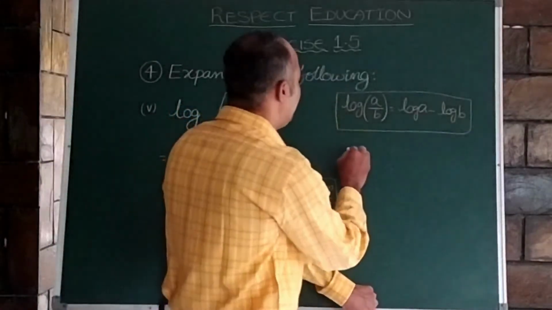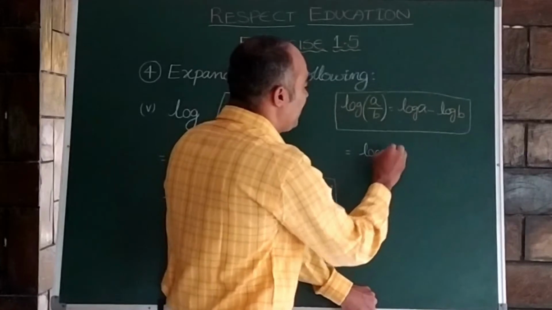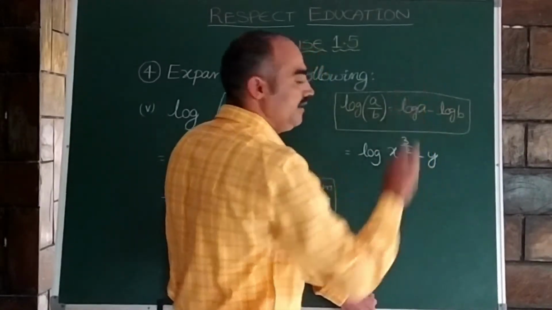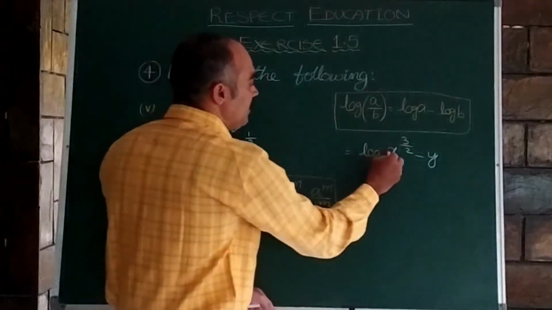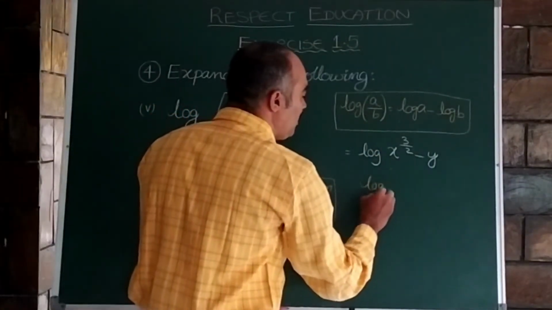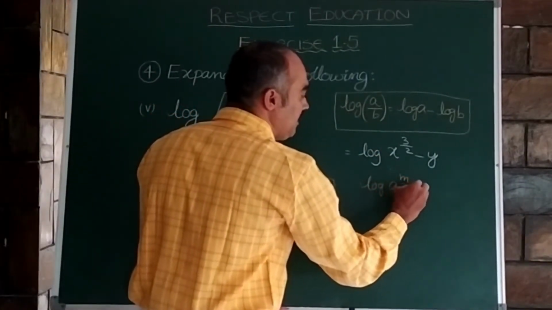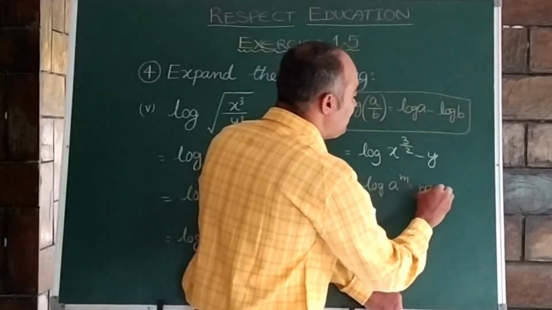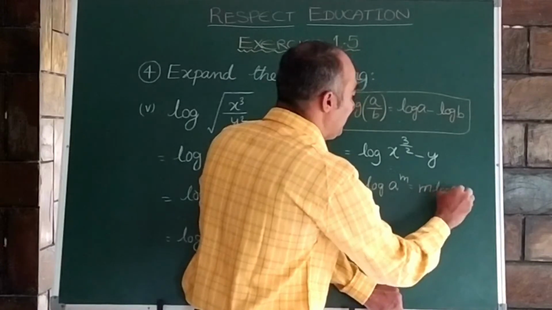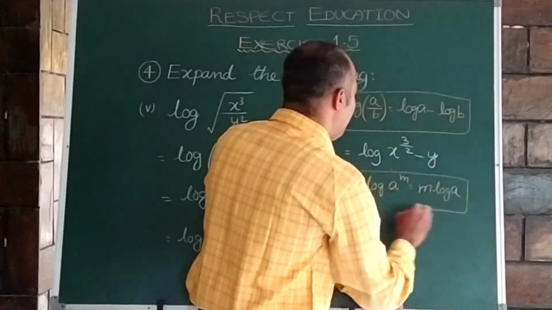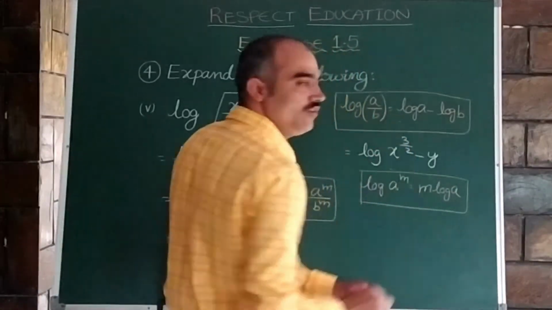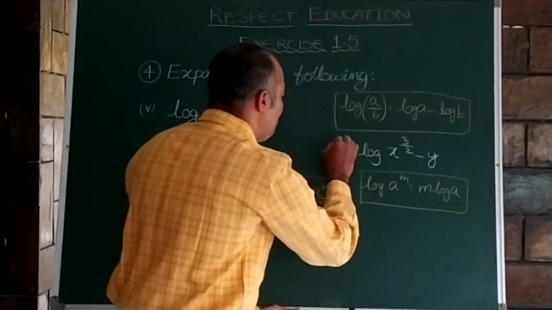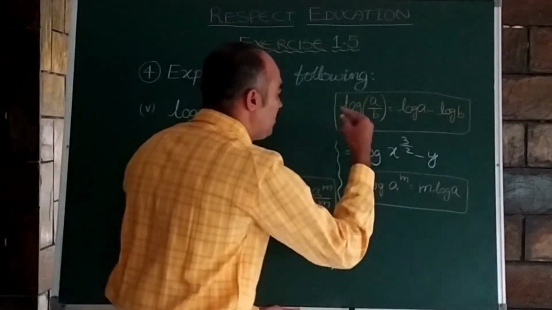So let us write here log x power 3 by 2 minus log y. Here again it is in the form of log a power m. It can be written as m comes forward, so it can be written as m times log a. Let us apply that formula, and with this the problem will be completed, children. Here this power 3 by 2 comes forward.